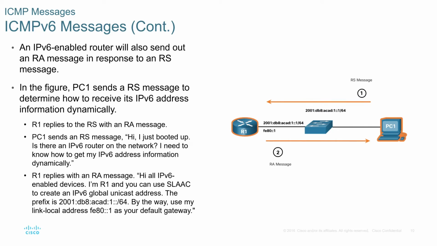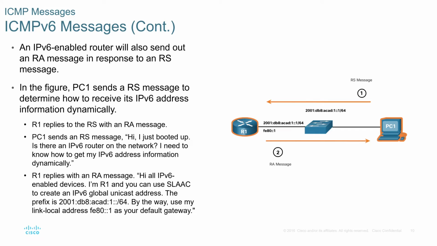The IPv6 enabled router will also send out a RA, or router advertisement message, in response to a router solicitation. When the PC is turned on, or when we tell it to get an IP address for IPv6, it will send out a router solicitation message, essentially asking if there is a router out there that can provide information about the network.